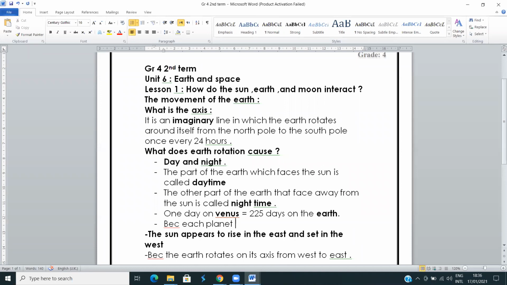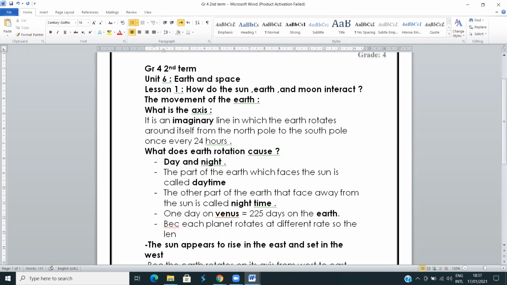Rotates means revolves, means moves, at a different rate. So the length, or the period, of a day is different.